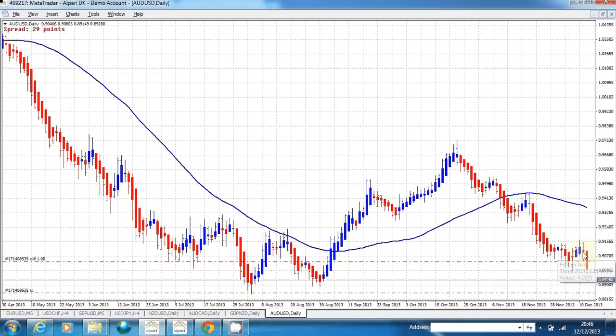So we have a red candle yesterday, 11th of December, which signifies that we are continuing on the downward trend. It shows that the rally is now finished and Australian USD is going back into the downward trend. So you can see my entry point here at the close of that candle. I came in at this price here.